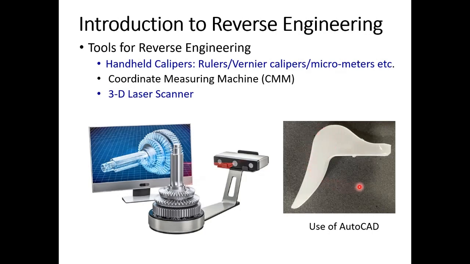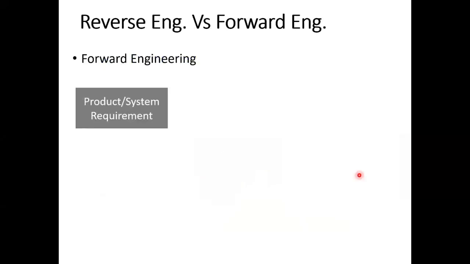Likewise, you could export parts into AutoCAD and calculate the dimensions of complex shapes using AutoCAD tools. Now, if you use such an approach, it is very important to have your line of sight perpendicular to the object when you're taking photographs. Otherwise, the dimensions will be distorted. So those are the tools that we could use for reverse engineering.